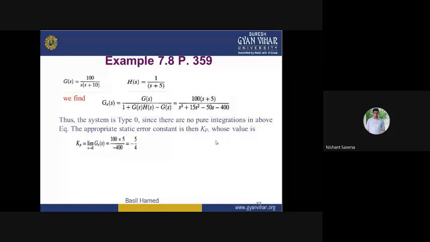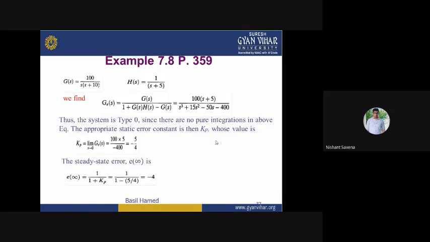In this given problem, there is no pole residing at the origin. So the appropriate static error constant is then Kp, where Kp is equal to limit S tends to 0, GS, 100 into 5 upon minus 400, equal to minus 5 by 4.